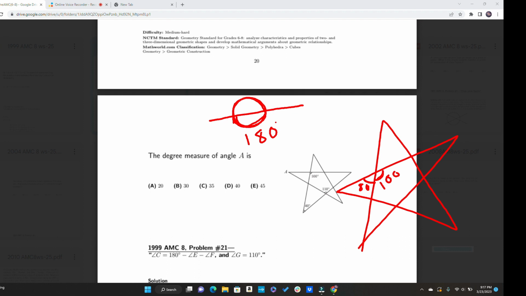Well, we've got 110 degrees here. So adding it up to this side over here, 110 plus something is going to have to add up to 180. That would be 70 degrees here.